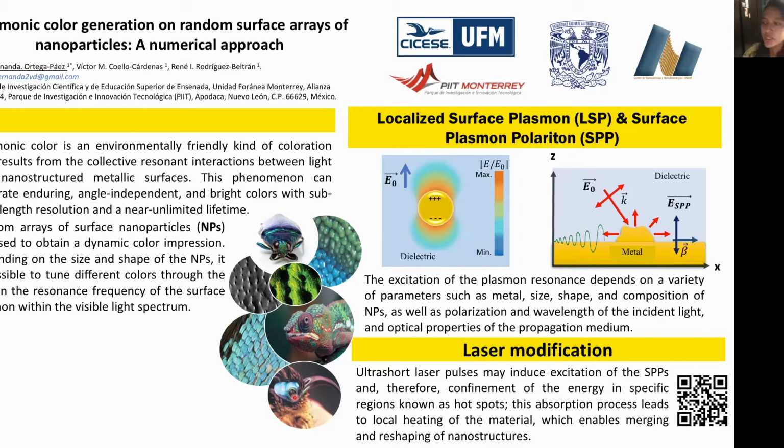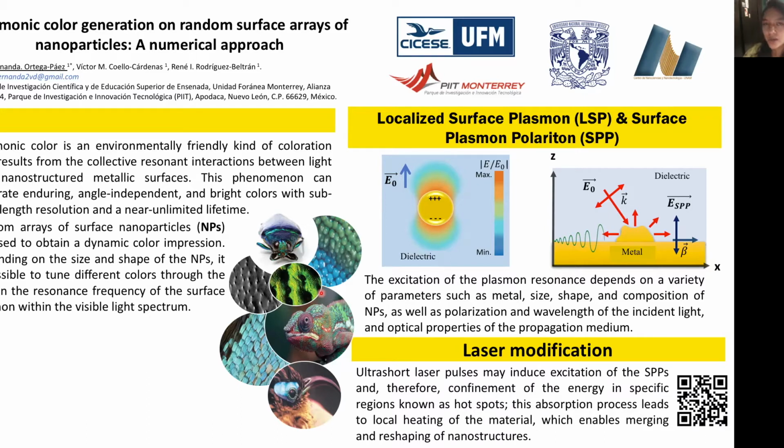fruits, and flowers. Actually, plasmonic color has attracted a great deal of attention by using environmentally friendly, recyclable materials and generating stable, non-bleaching, viewing angle-independent colors with subwavelength resolution and unlimited lifetime.